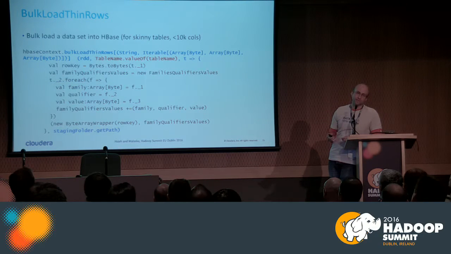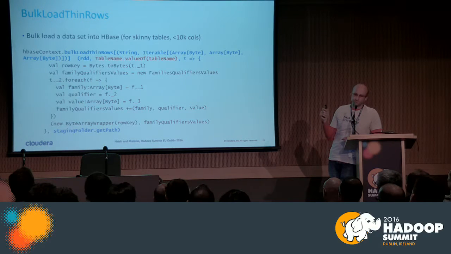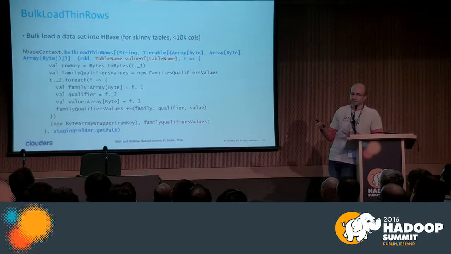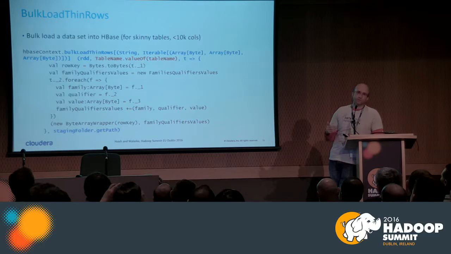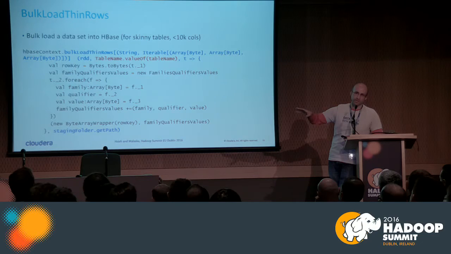The second implementation, and my code could have been cleaner on this, so forgive me, is for thin rows, right? The idea here is if your row is less than, I don't know, like 10,000 records or so, it all depends upon memory. But if your row is less than a certain number of records, and you know all the columns at the time of the map phase, you can just send the whole record into bulk load.